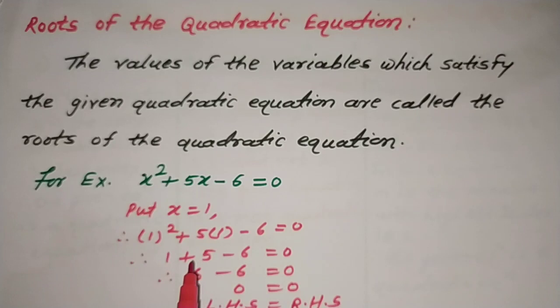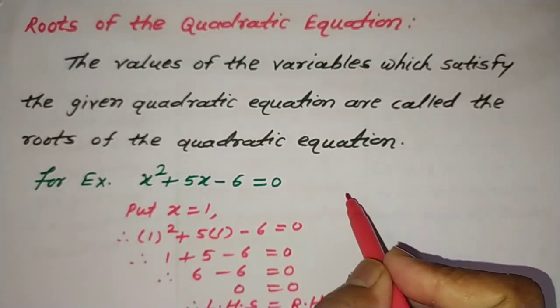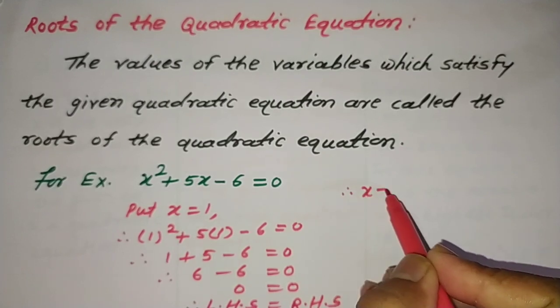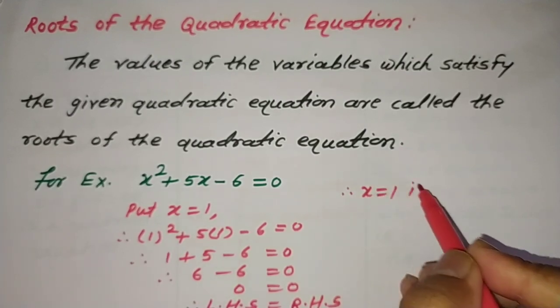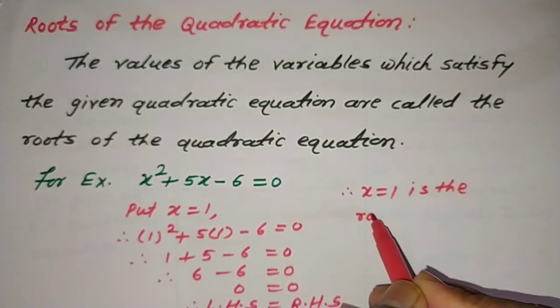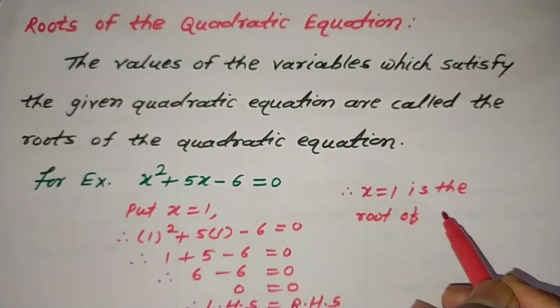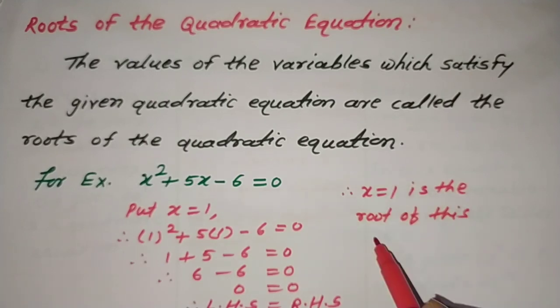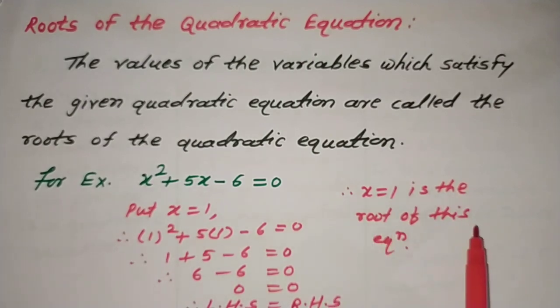Therefore x is equal to 1 is a root of this equation. If it satisfies the equation, that is, the left side and right side are equal, then x is a root of this equation.